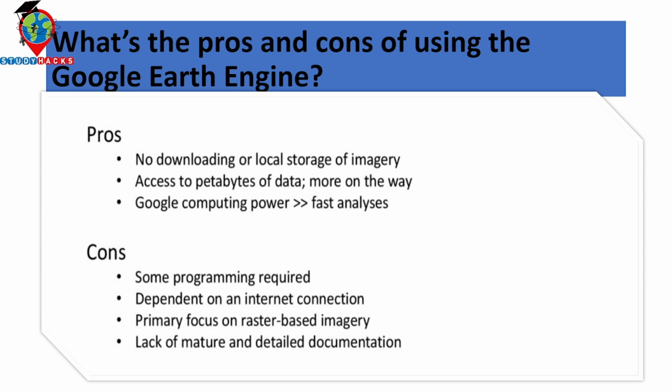Without downloading, we can easily access all satellite imagery very quickly and efficiently. We just write one code, and all the satellite imagery automatically comes. We can easily filter, and do a lot of things without downloading the imagery. We can easily access all imagery from the server of the Google Earth Engine data catalog.